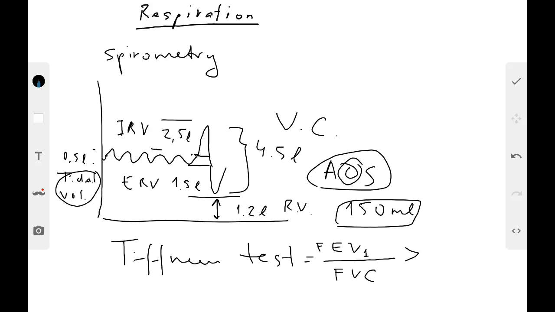It should be more or equal to 0.8. If it is less than 0.8, it will indicate that there is obstructive lung syndrome. Obstructive lung syndrome may be observed during, for example, bronchial asthma, when air passages are narrowed by allergic processes, for example.